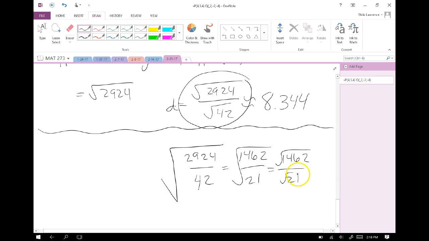And we're actually going to have to multiply top and bottom by radical 21, which means they're going to get multiplied together. Oh, I hope that's not what it wants you to do. I'm going to open it back up and see. That's nasty.